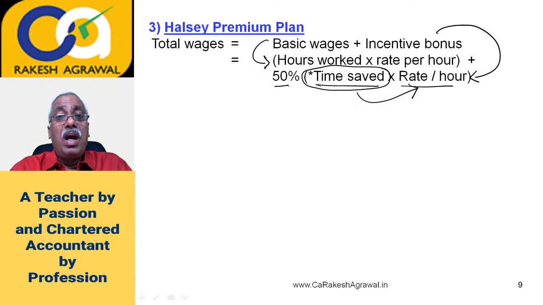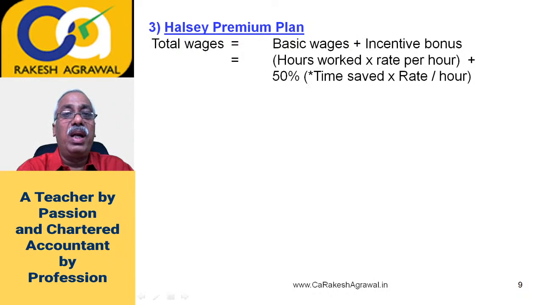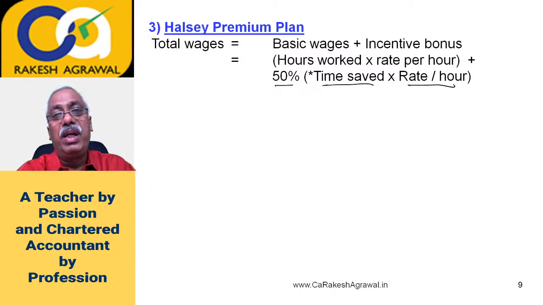Correct? Out of this saving, we will pass on 50% by way of bonus to the worker. So whatever financial saving is made due to the efficiency of the worker, 50% of that saving will be passed on to the worker. That is how the bonus will be calculated, and hence the bonus formula under the Halsey system is 50% of time saved into rate per hour.